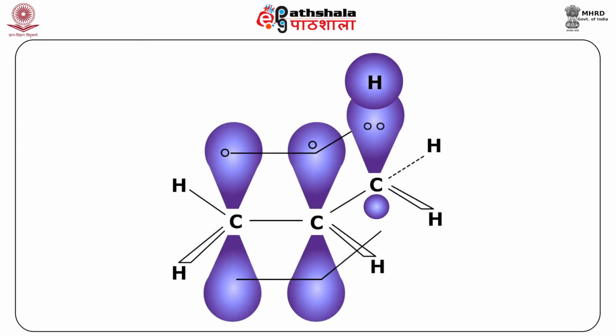Now, in a similar fashion, the methyl group also produces a bathochromic shift, also called the red shift. Although the methyl group does not have a pi electron or unshared pair of electrons, it is considered to interact with the pi system through its C-H bonding orbitals, also known as hyperconjugation or sigma bond resonance.